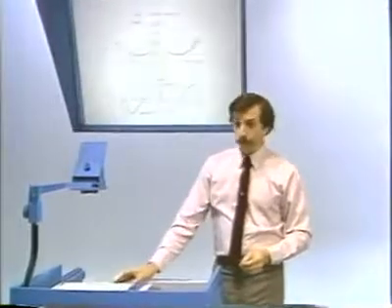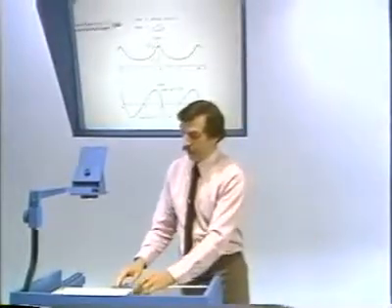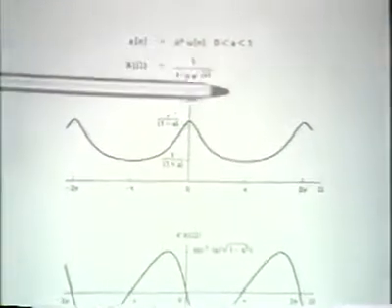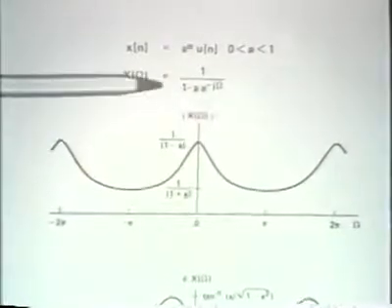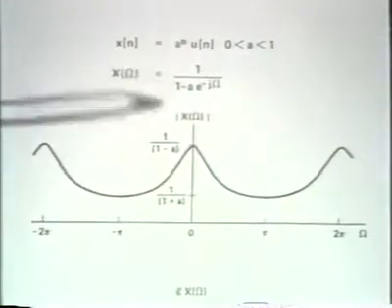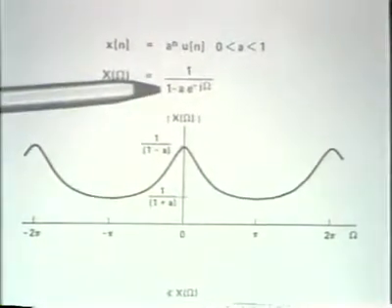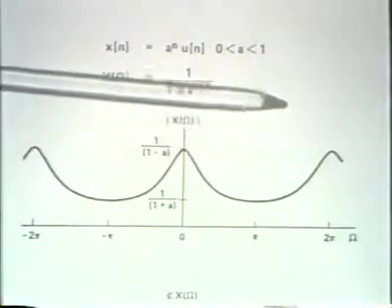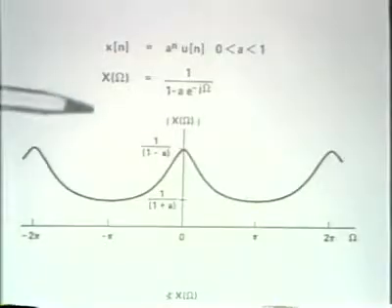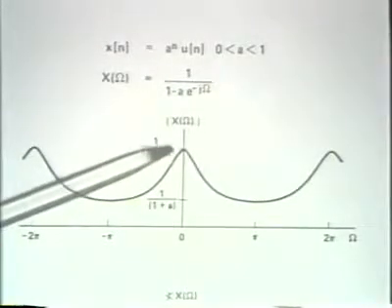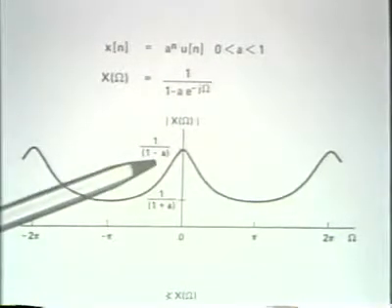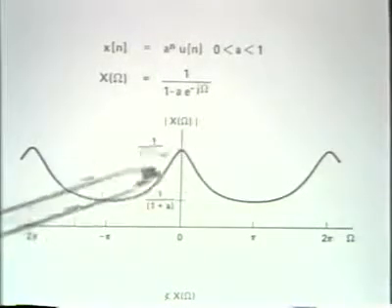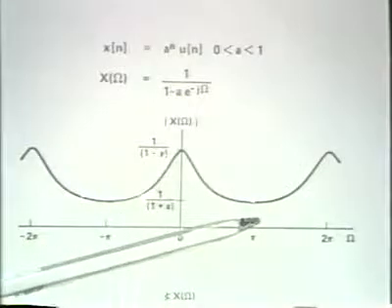Here, then, we have the expression in the time domain and the expression in the frequency domain. Let's in particular focus on what the magnitude of the Fourier transform looks like. It's as we show here. For the particular values of a that I picked, namely between 0 and 1, it's larger at the origin than it is at pi.